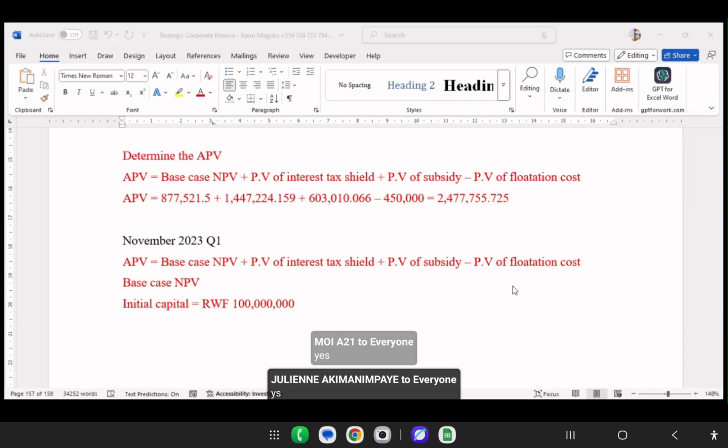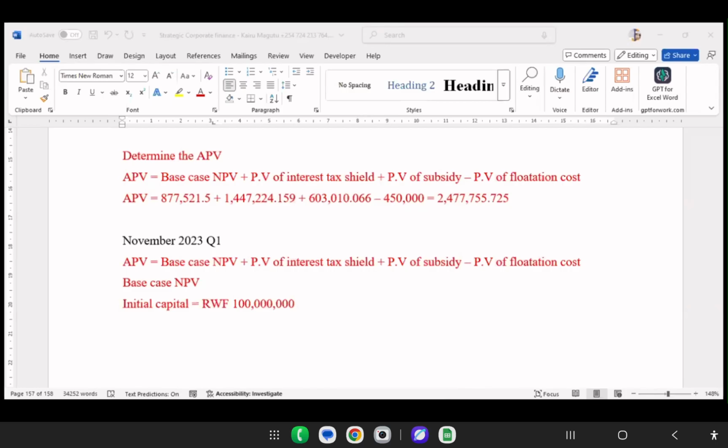Now, if I go back to the question, we are told that the initial capital is 100 million Rwandan francs. The machine is expected to have an economic life of 25 years. Then we have the cost of equity.